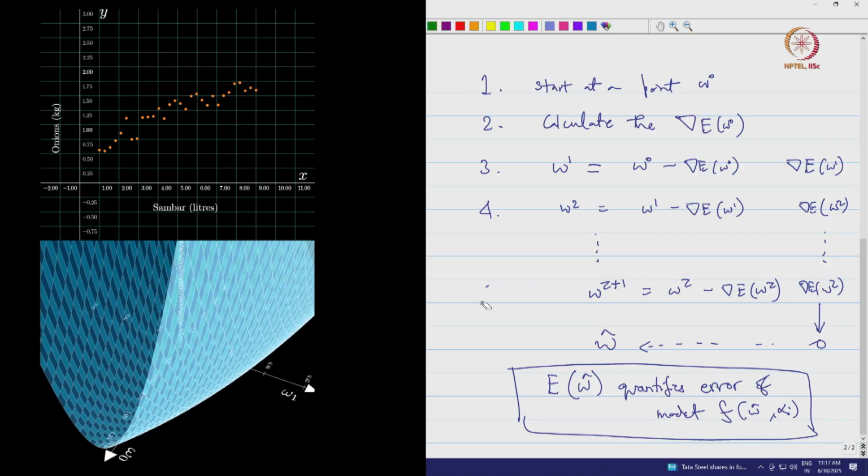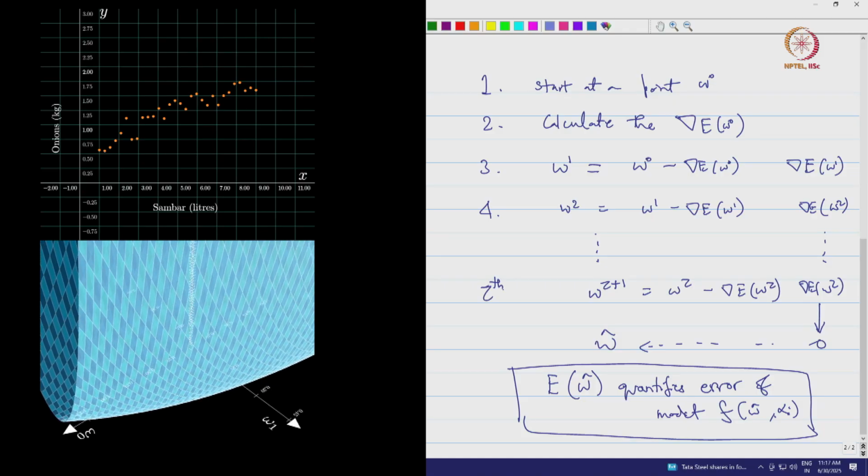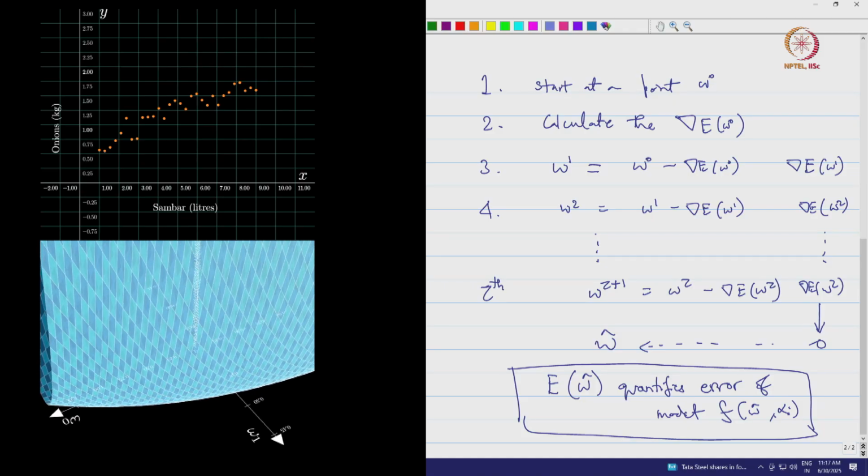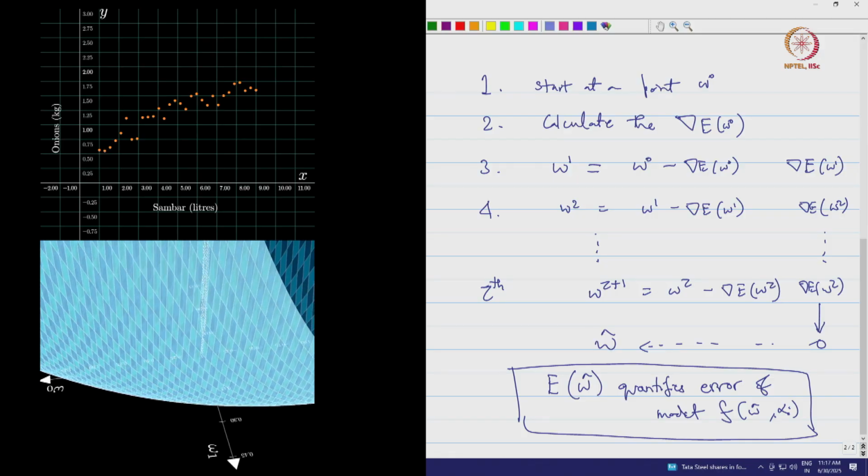When you are at that tauth iterative step, nabla E of omega tau might be so large in value.